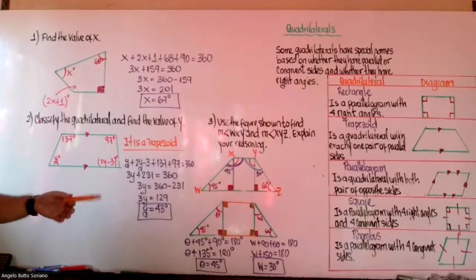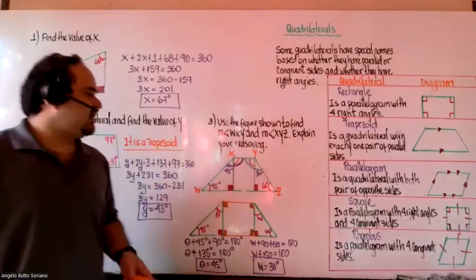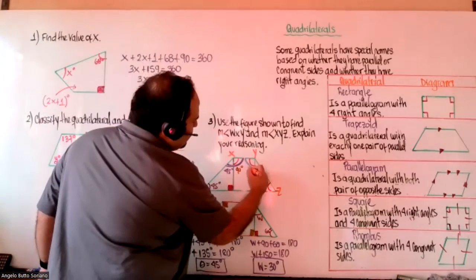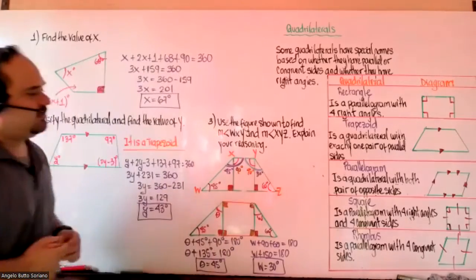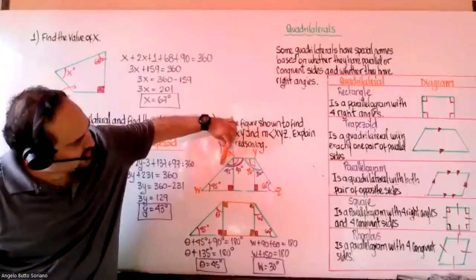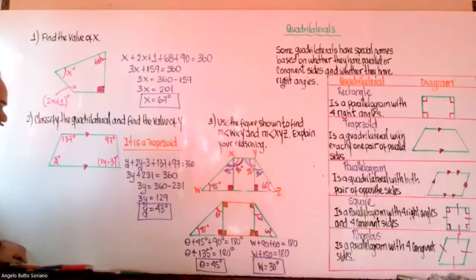But the problem says we have to look for the total measure of this position. I mean, this part will be 90 degrees and another one will be obviously 90 degrees also. So we have to look for the total measure of this purple line and the total measure of this blue line. It's simple.